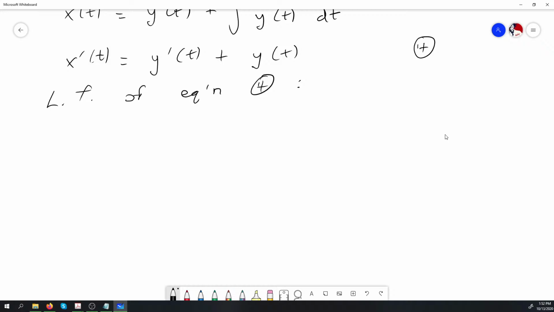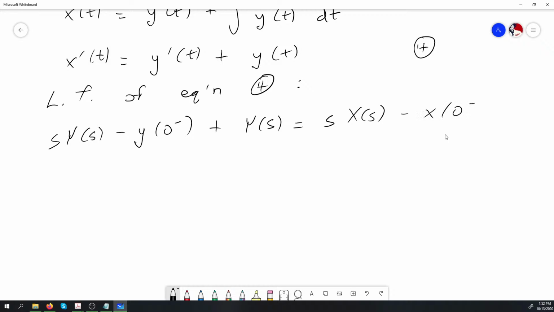So y prime of t will become s Y of s minus y of the initial condition, plus Y of s, is equal to X of s minus x of the initial condition.